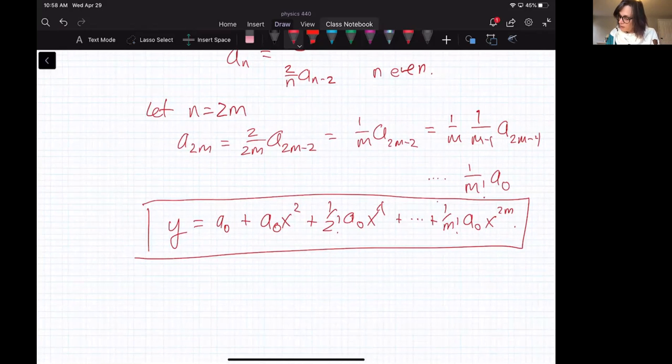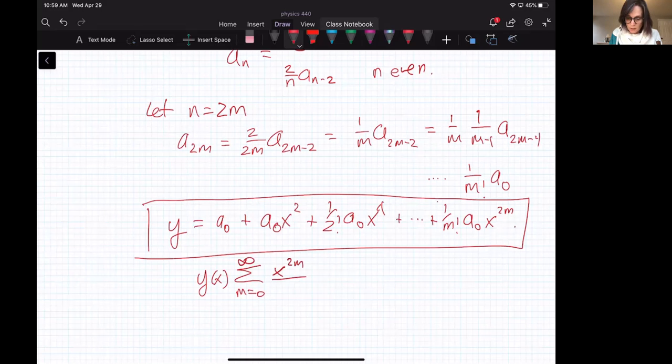All right, so that means that y of x, our one solution, because again, at least with this case, we have no singularities, is the sum from m equals 0 to infinity of x to the 2m over m factorial.